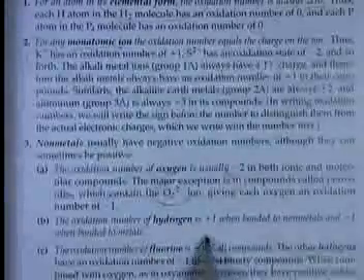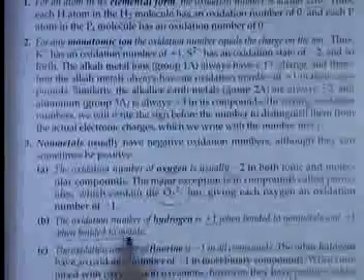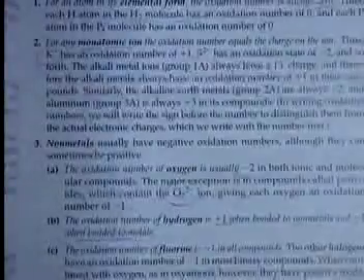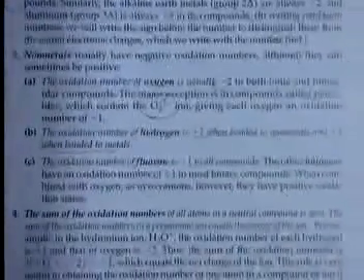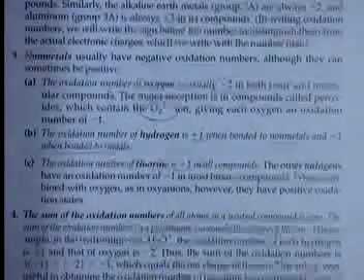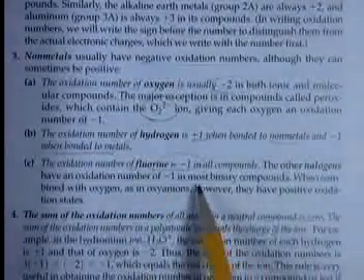The oxidation number of hydrogen is +1 when it's bonded to a nonmetal and -1 when it's bonded to a metal. The oxidation number of fluorine is always -1. This is a nonmetal that you can be pretty certain has a -1 oxidation state.